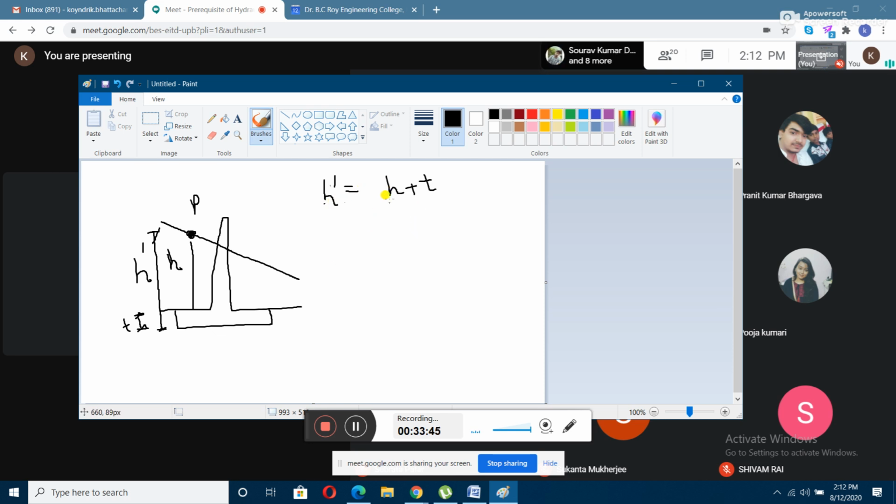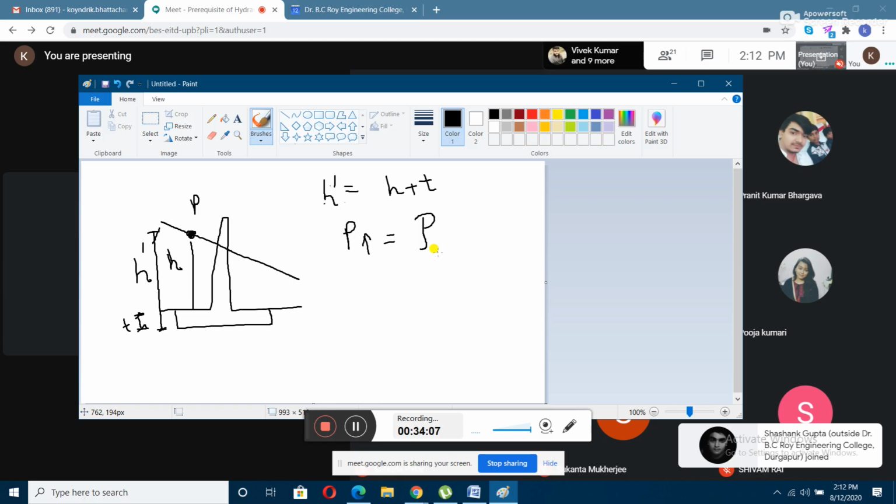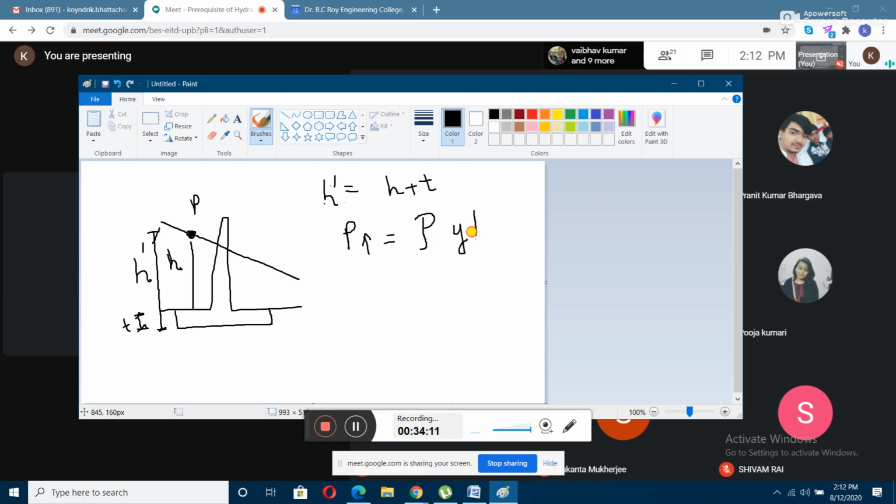What will be the pressure acting due to this uplift at the point P? Suppose we are considering only that point. The pressure acting upwards, let us denote it by P, will be equal to rho gh. Everybody has studied that in buoyancy force, right? That is the upward pressure.